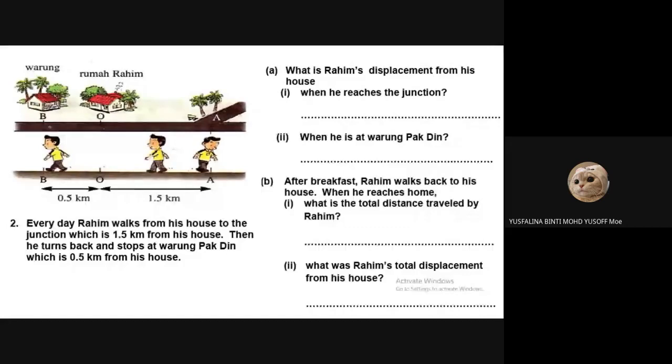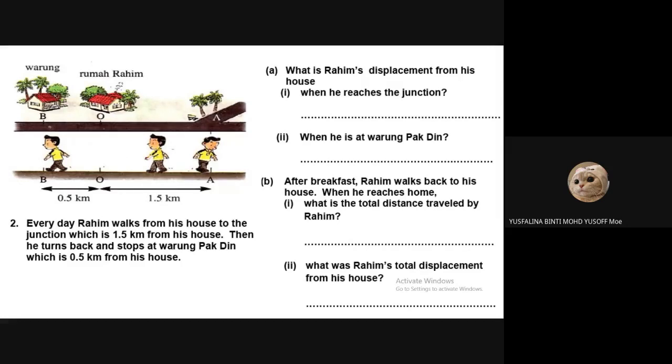Finished. All right, very good. So what is the answer for A1? 1.5 kilometer to the east. Any other answer? 1.5 kilometer forward.